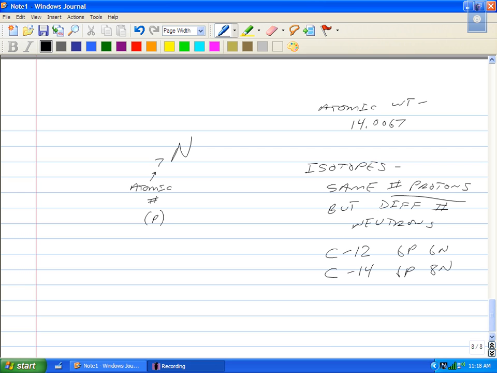The atomic weight is like the average? So the atomic weight then, yes, is the average mass of all known isotopes. So the fact that the atomic weight of nitrogen is 14.0067 tells you that most of the nitrogen in the world has 7 neutrons.